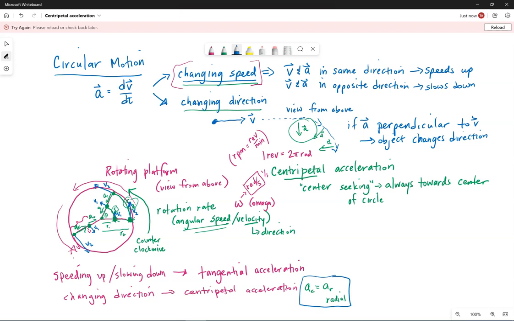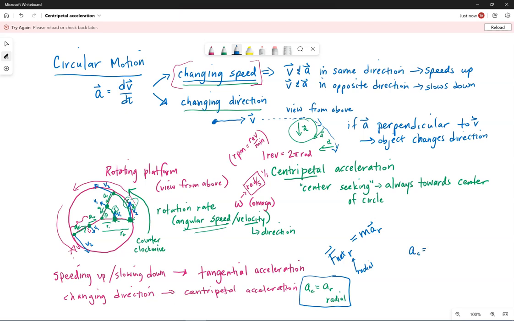And that radial acceleration will be caused by a net force along that radial line. And so that's what we will be looking at. There will be a net force along a radial line, along the radius, and that net force is what's creating that acceleration.